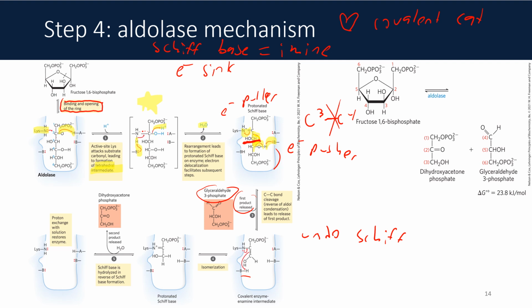The lone pair on that nitrogen of the lysine will fall down and it will cause this double bond to saturate. And it will take that hydrogen from BH, bringing it back to just B lone pair.